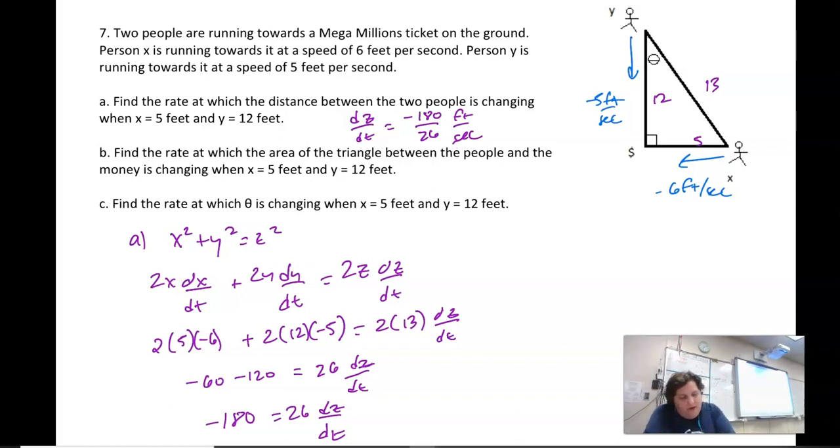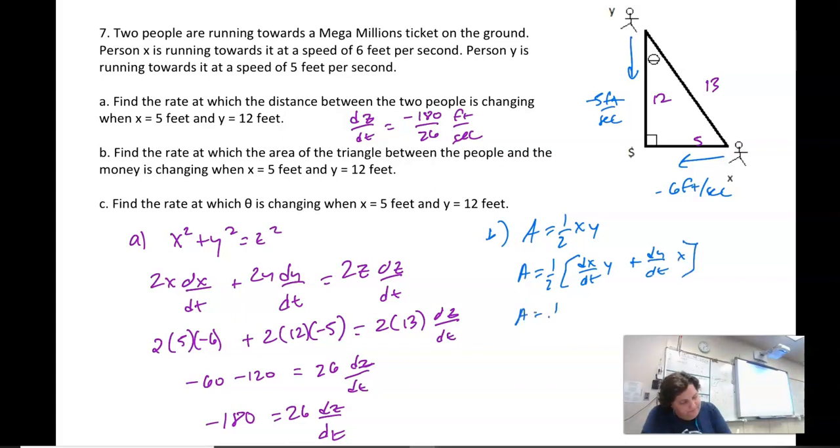We'll just leave it. Okay, for part B, find the rate at which the area of the triangle between the people and the money is changing. Area is 1/2 base times height, so it's dx/dt times y plus dy/dt times x. That's -6 times 12, and then -5 times 5. So the area is 1/2.